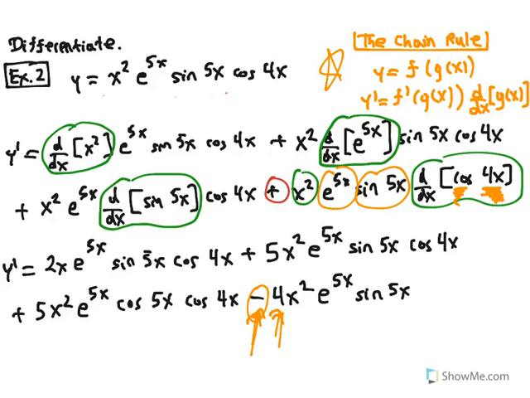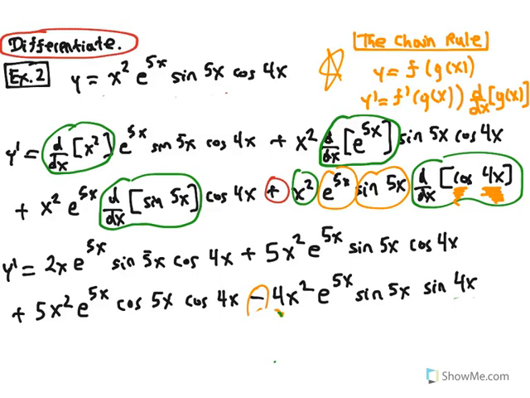So the derivative of cosine is negative sine, so I already have the negative out there, so I have sine of 4x. And I already took care of finding the derivative of the inside function. That gave me 4. So I have negative 4x squared e to the 5x sine of 5x times sine of 4x. So that's done. I've actually found my derivative, so I've done the problem.